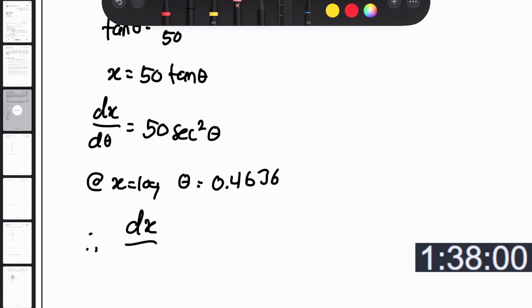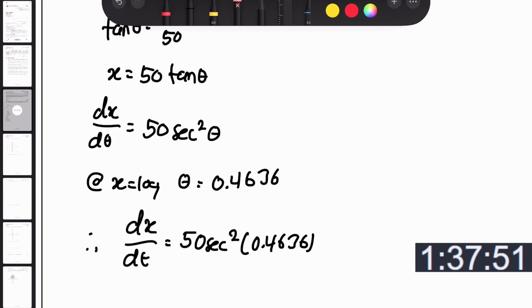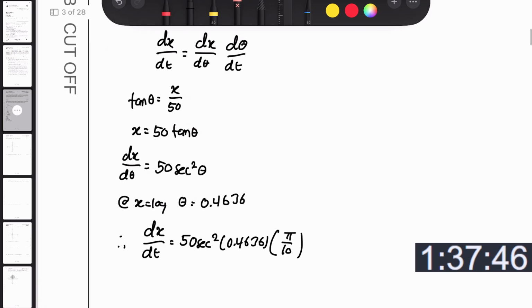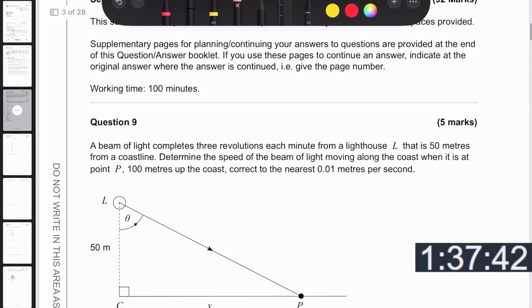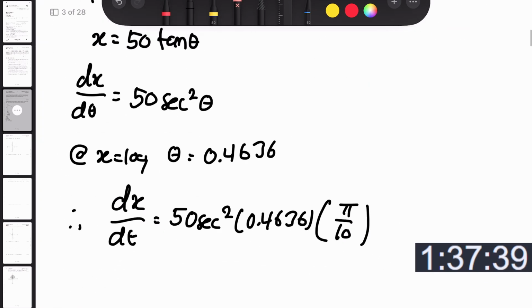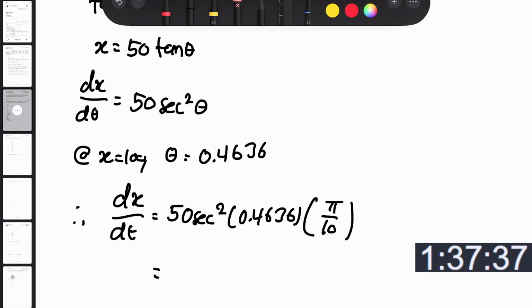Therefore, dx dt is going to equal 50 secant squared of 0.4636 times pi on 10. Because if you do it for 60 seconds, then that's 6 pi, which is 3 revolutions. Yep. So this is going to be 50 times 1 on cosine 0.4636 squared times pi divided by 10.